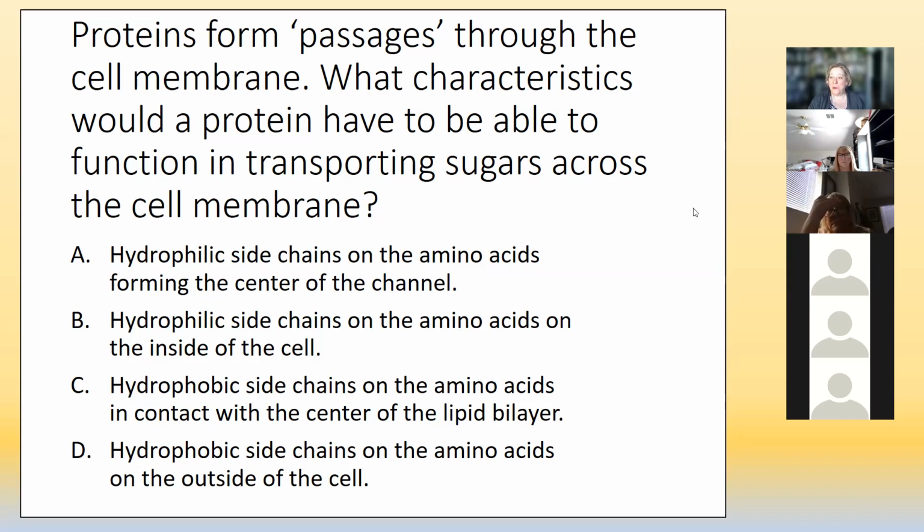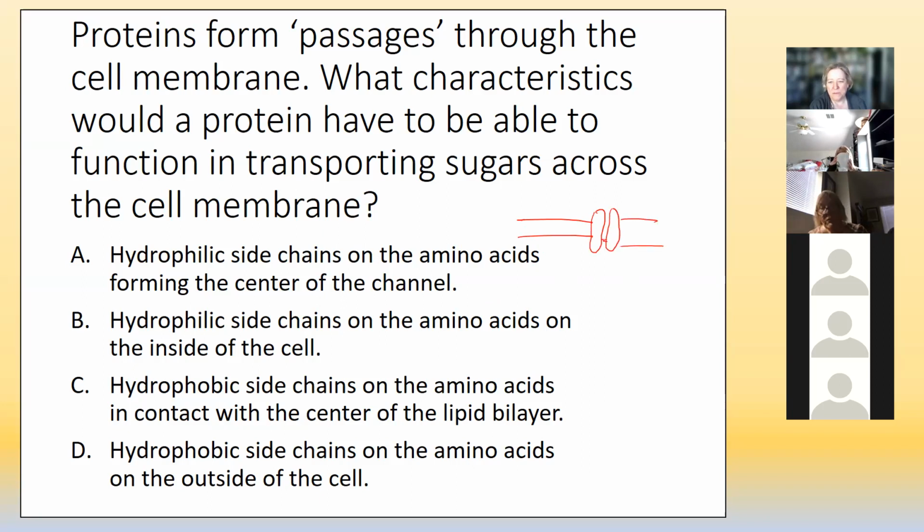Okay, this is another one where we've got to draw what's going on. Unfortunately, when I'm in the PowerPoint, I only have red. I don't know why. So what I would do is draw my membrane as a cartoon, and then transport sugars across the membrane.